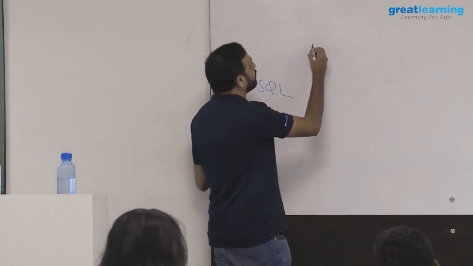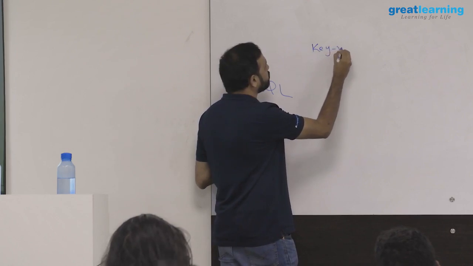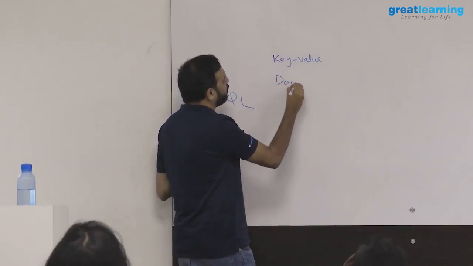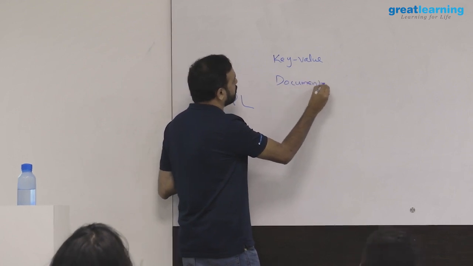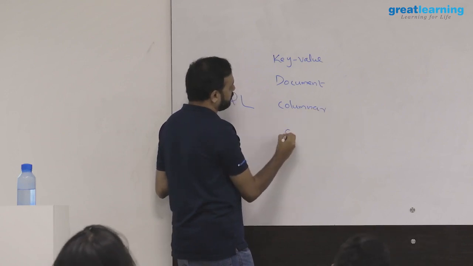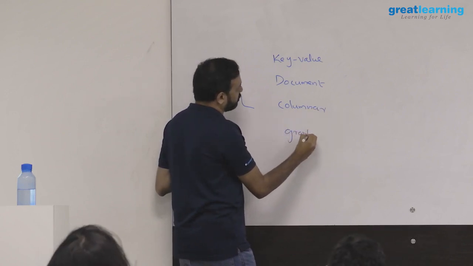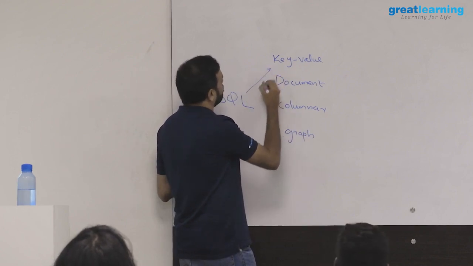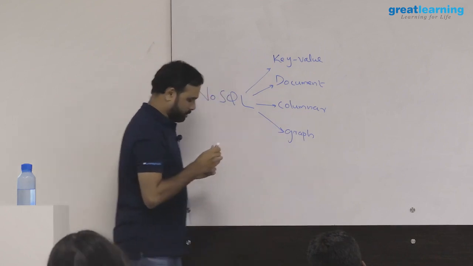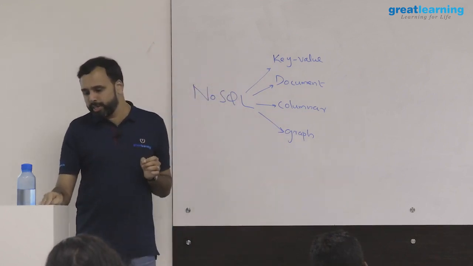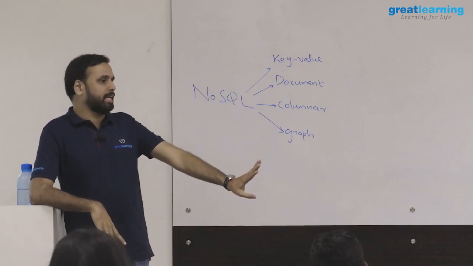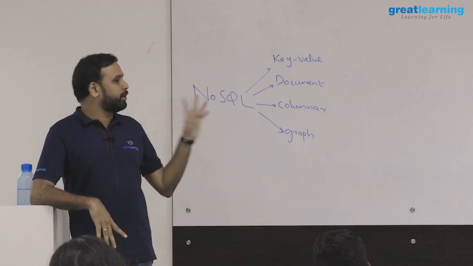You have a key value store, or key value based, then document based, then columnar, and then graph based. So 4 major categories are there in NoSQL. The first question you need to ask, if somebody says, I am using a NoSQL database, is which category? And they must be able to tell you one of these.